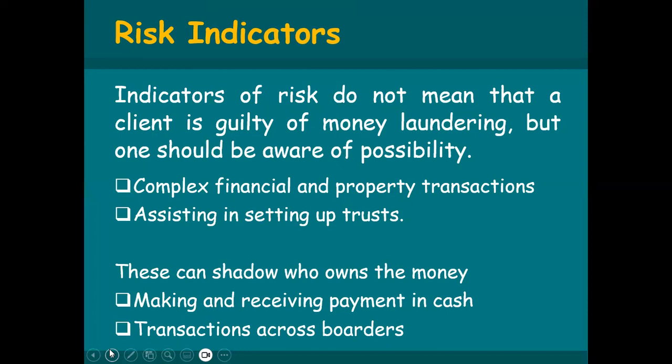When we use the words complex financial and property transactions, usually it involves multiple transactions between multiple entities or people, so it makes it complex. This can shadow who owns the money, making and receiving payments in cash, and transactions across borders.